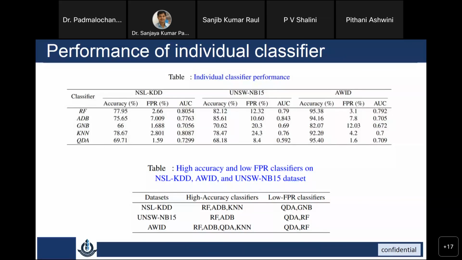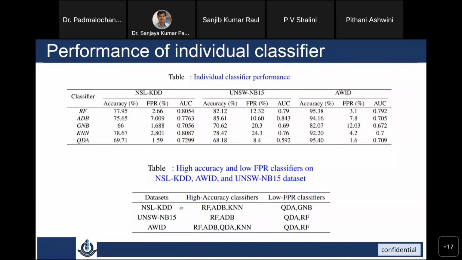Based on these results, for the NSL KDD dataset, the high accuracy classifiers are RF, ADB, and KNN.